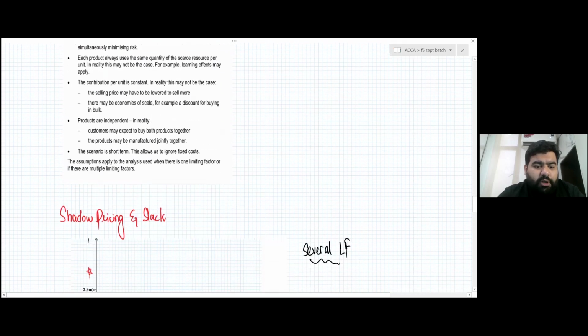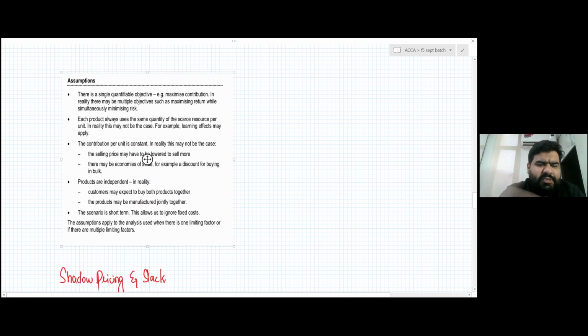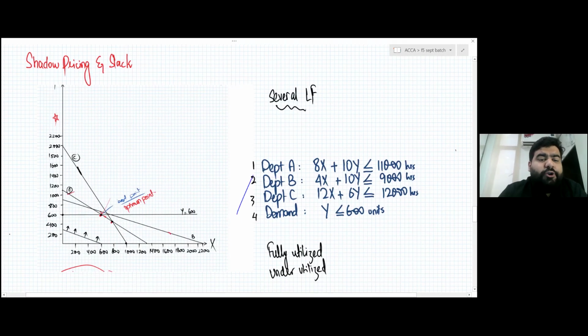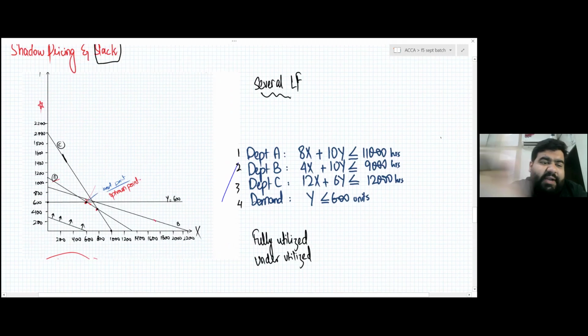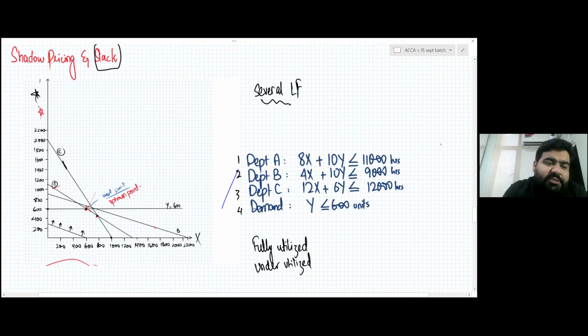First of all, we'll discuss these assumptions at last. First, we are going to start shadow pricing and slack. So what is shadow pricing and slack? First, we'll discuss slack. The story behind it is that we have made the graph, which I've just pasted here, the graph we made in the last class.